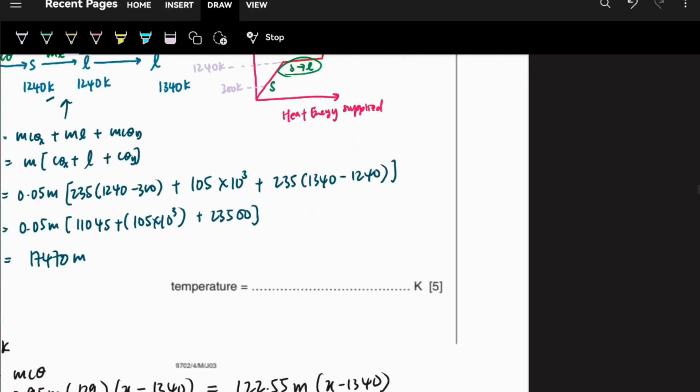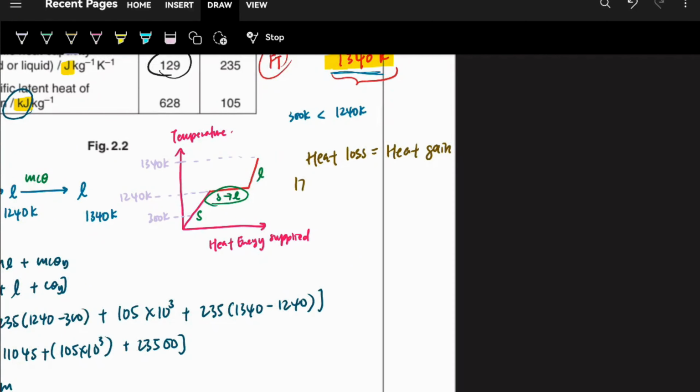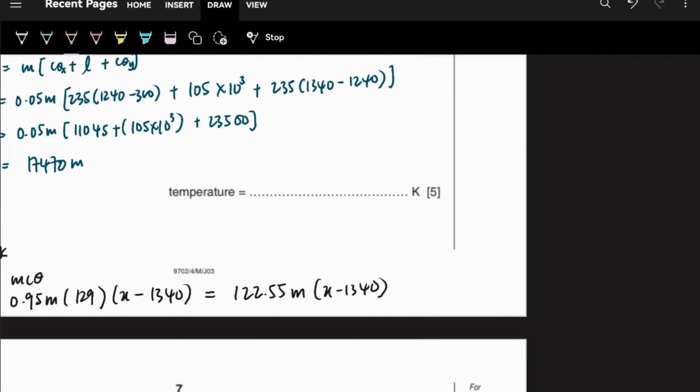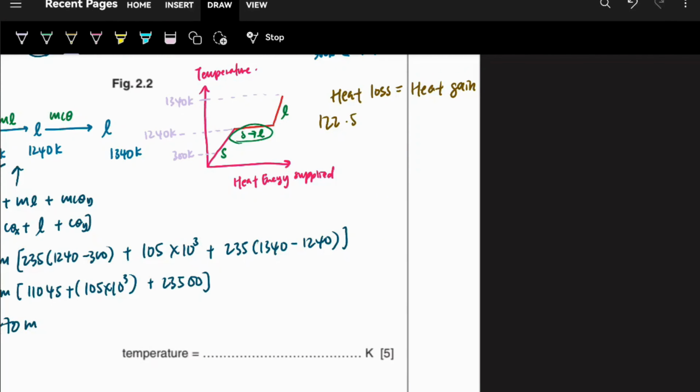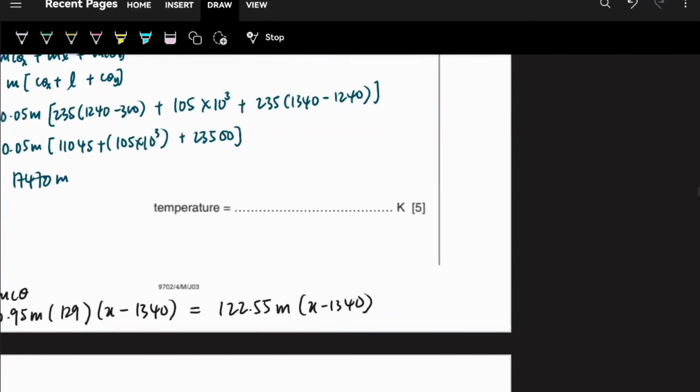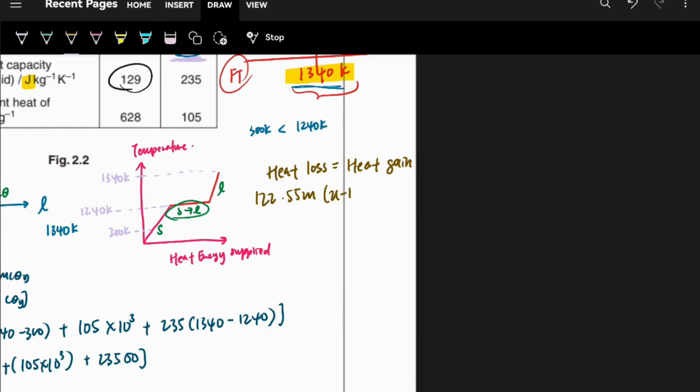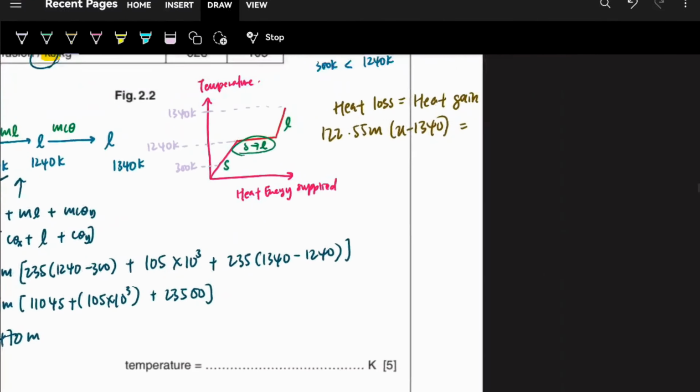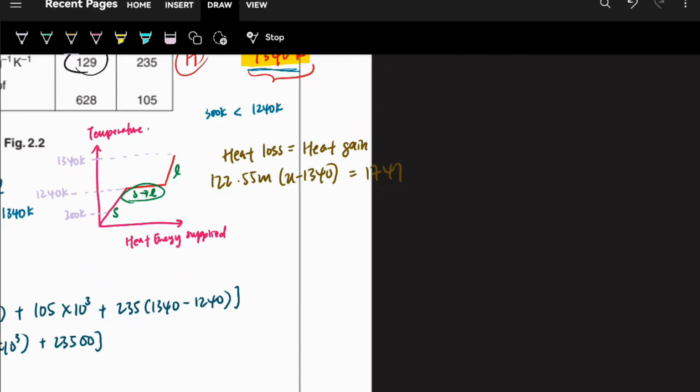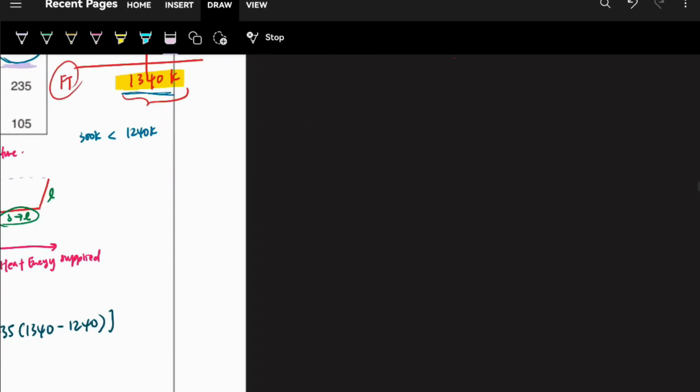So your heat loss equation is 122.55 m, x minus 1340, equals 17470. Okay, I should change my color already. Yeah. Okay, you know what? Wait. Let me write this at the side here. Heat loss equals heat gain.